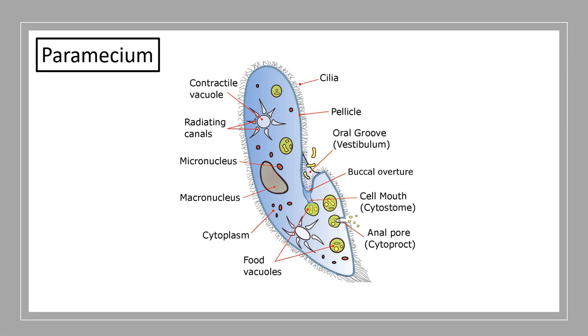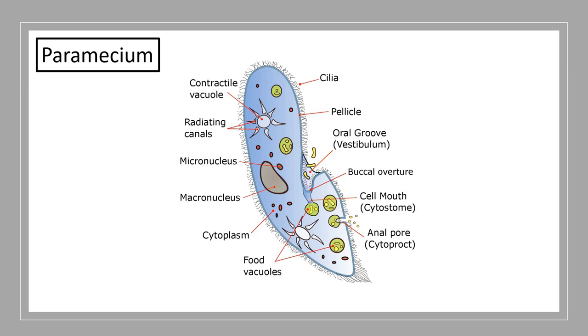Now, you will also notice that it has what is called a contractile vacuole, and it looks kind of like a little sun that a child would draw. In most of these organisms, if not all of them, because they have an environment that is primarily water, the water is going to keep trying to enter into the cell.